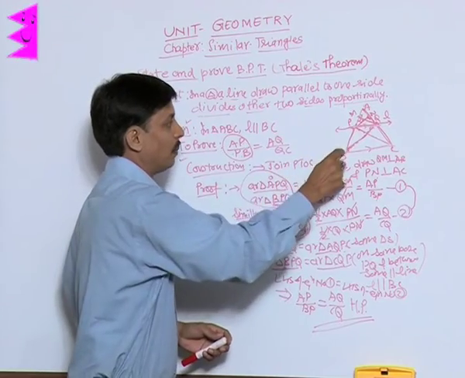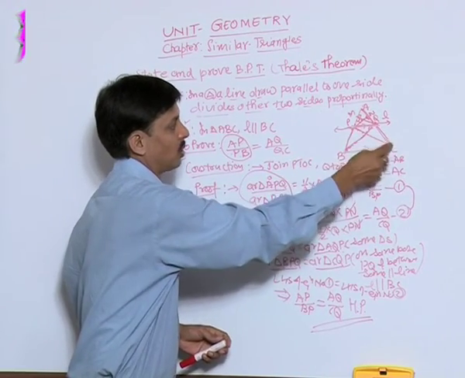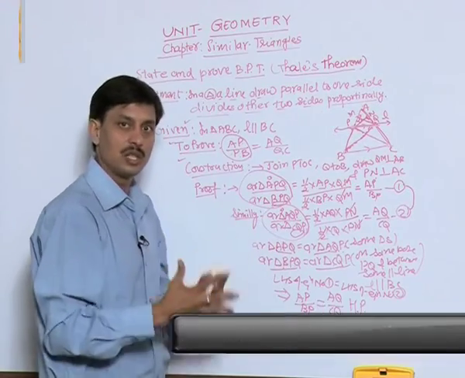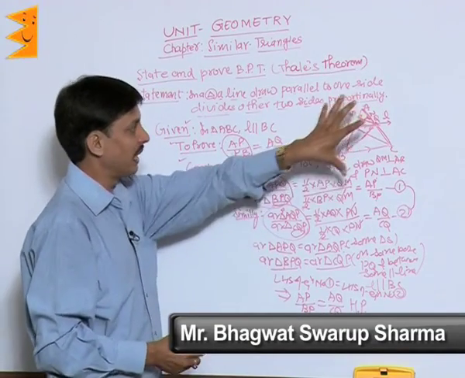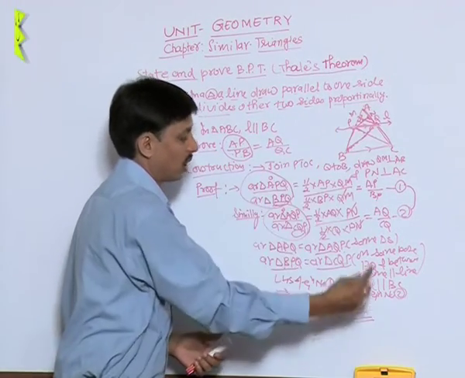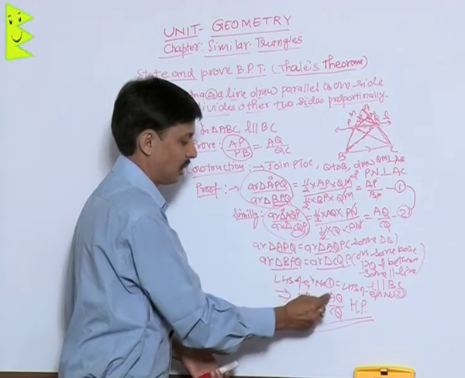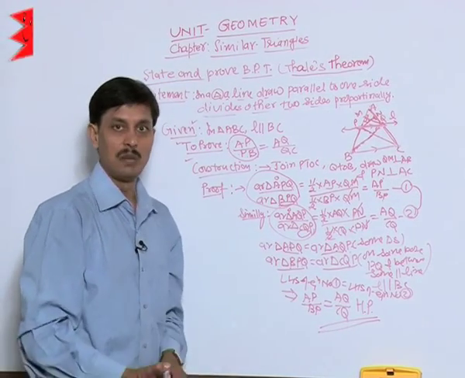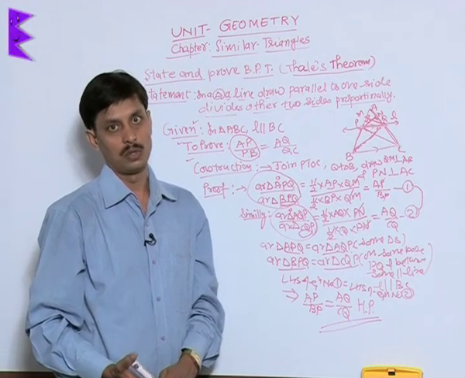We can say BP upon BA is equal to CQ upon AC. So there are 6 pieces of information which can be extracted from only one master result, AP by PB is equal to AQ by CQ. In the next video we will discuss other important problems and theorems of the chapter.